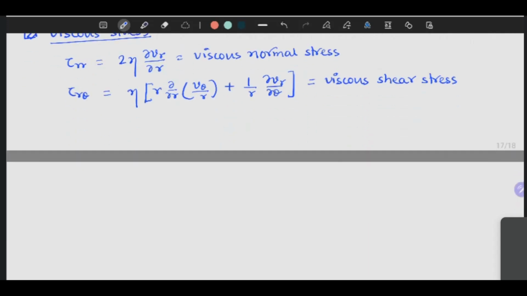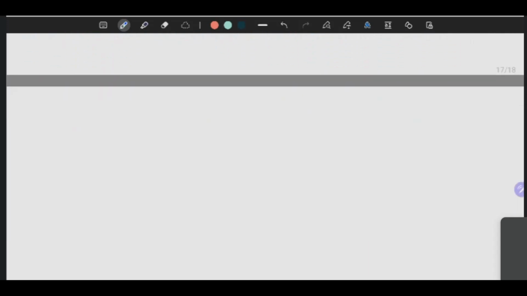Okay. So now if you see a sphere like this, so fluid is flowing like this, let's say this is the center. Okay.